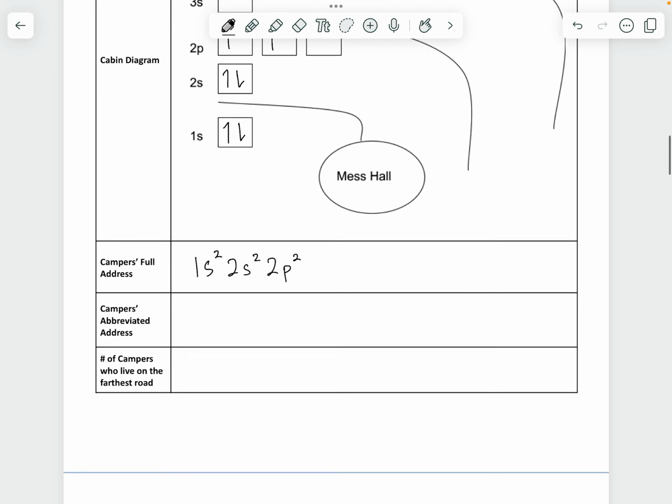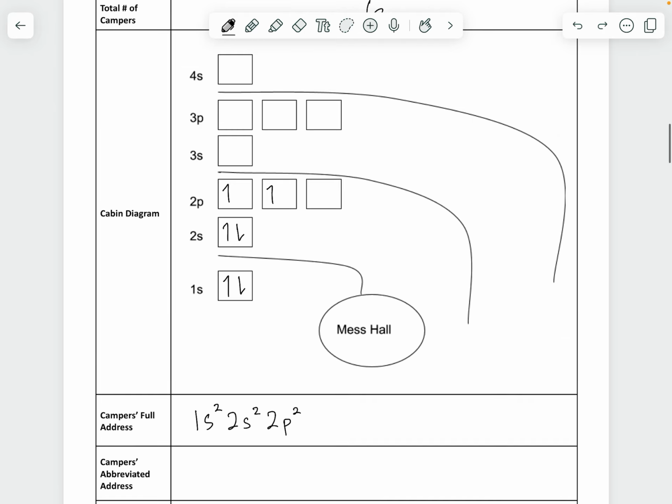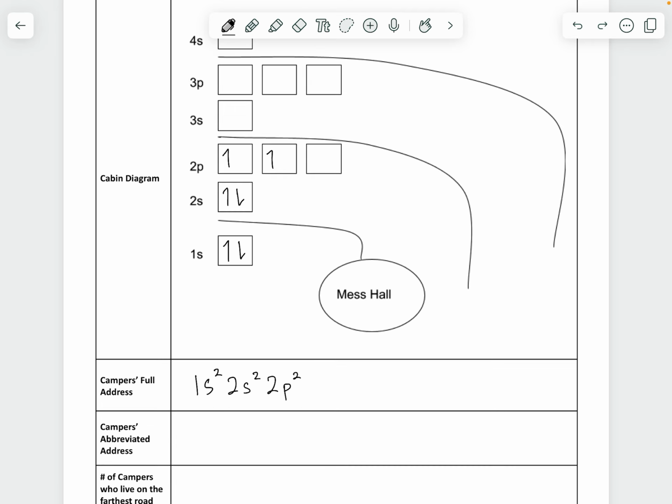And so sometimes we want to abbreviate this, and we can abbreviate by basing it off of the most recently filled up dirt road. And you can see these dirt roads are numbered, and that's going to be based off of the row that we look at on the periodic table, or what we call a period.